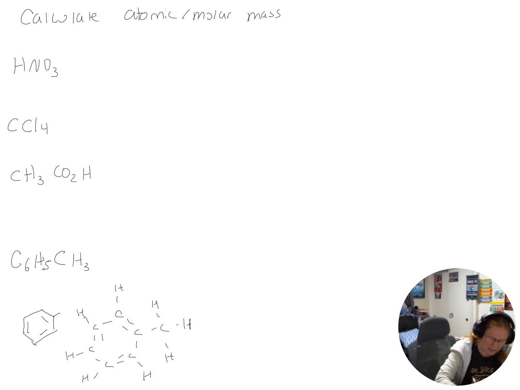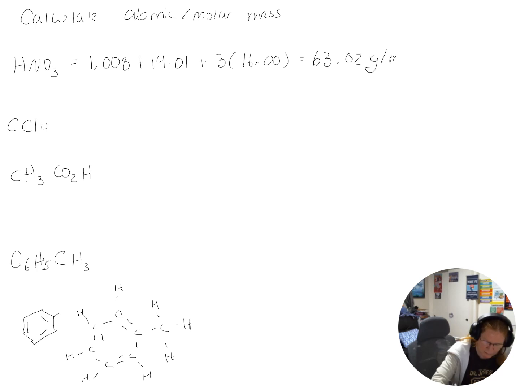I'll show you on the nitric acid one. So remember, we're going to take hydrogen, which is 1.008 grams per mole, nitrogen, which is 14.01 grams per mole, and 3 oxygens, each at 16 grams per mole, and we'll get 63.02 grams per mole.